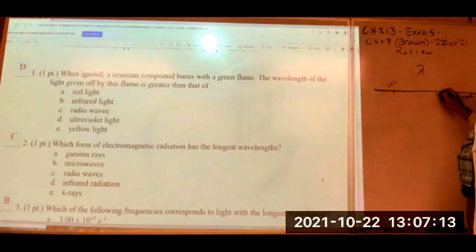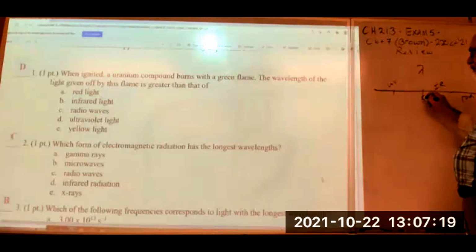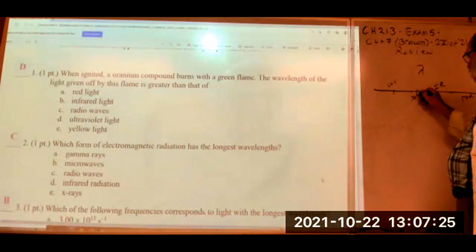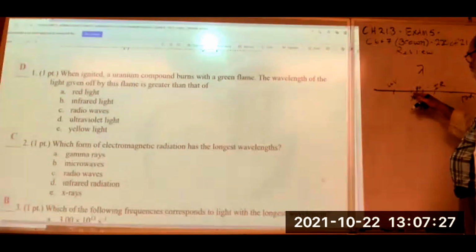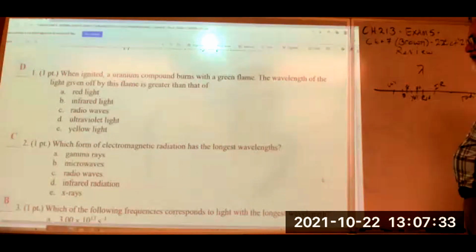Okay. So radio, we've got infrared here. And then the visible range is going to have red, orange, yellow, green, blue, indigo, and violet. Violet's not there, so we don't have to worry about it.